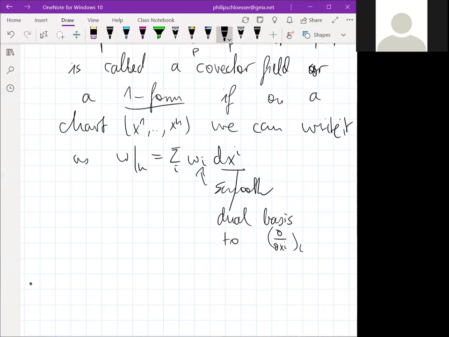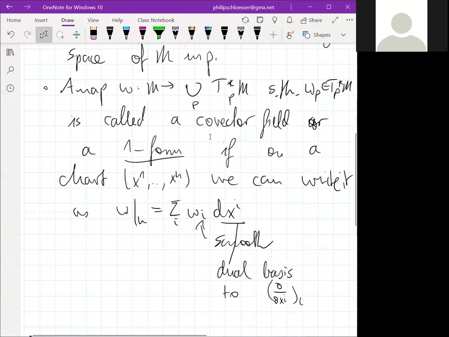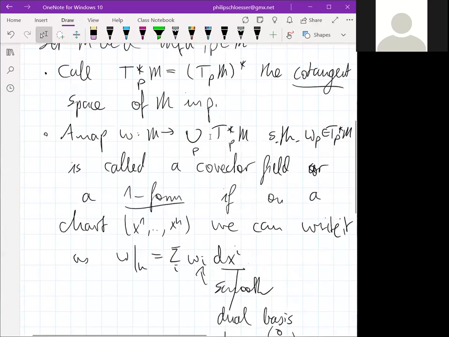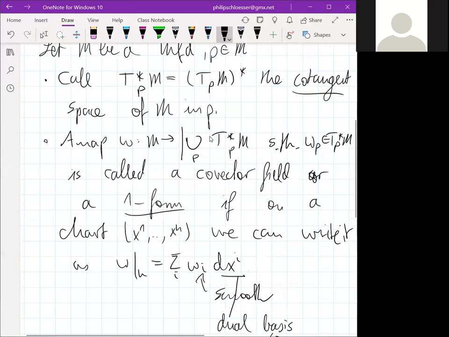And we can view those one forms as maps. Maybe I should also mention that this thing here is written as T star M and is called the cotangent bundle.